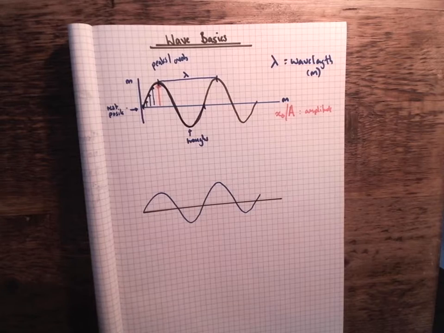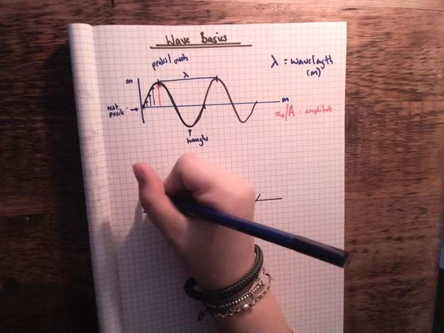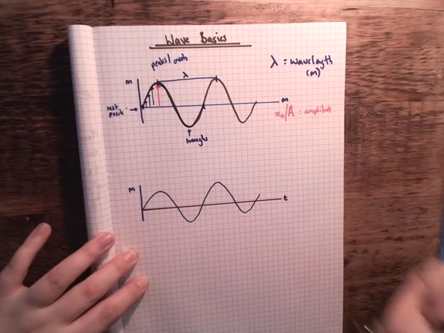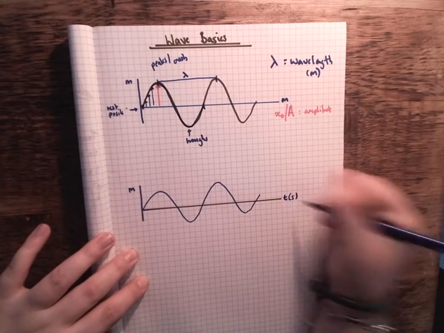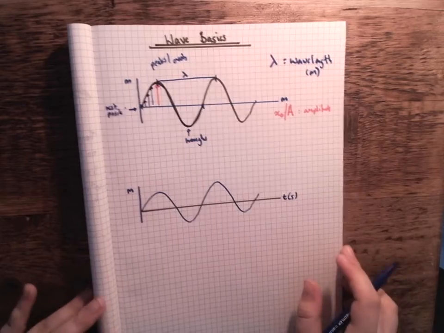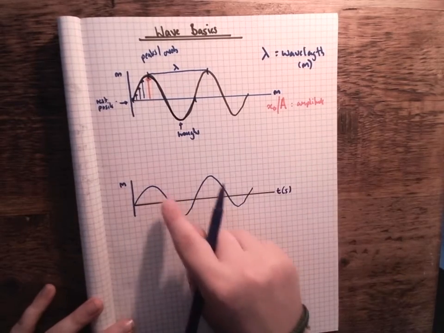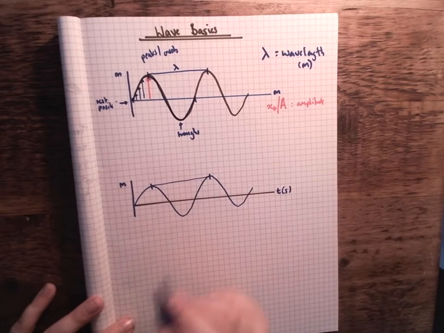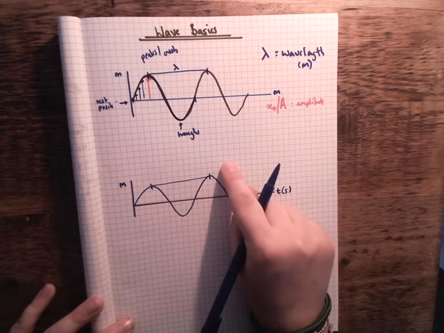So sometimes as well, we don't always have a displacement distance graph, we sometimes have a displacement time graph, with our time being given in seconds. So in this case, this would not be the wavelength. This would be the time it takes for one complete oscillation.